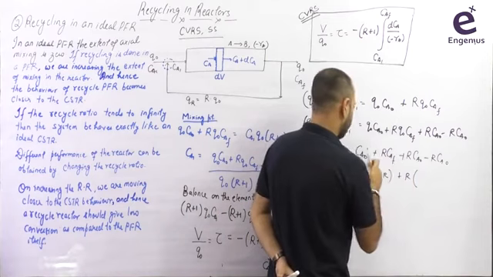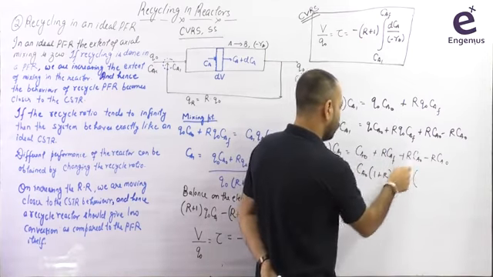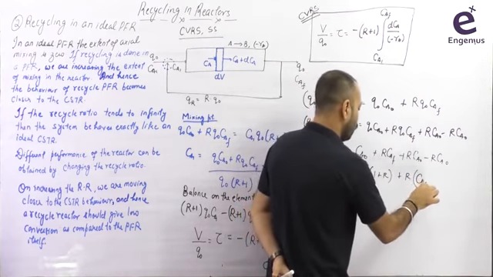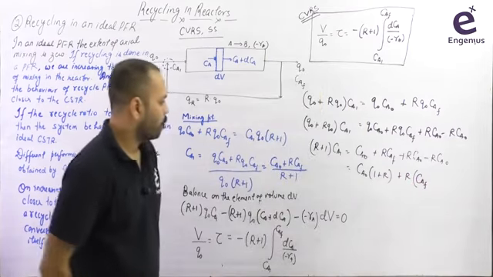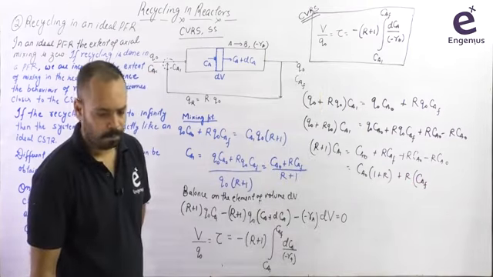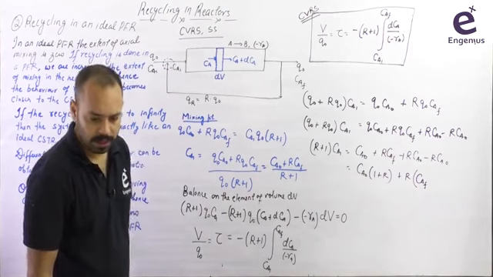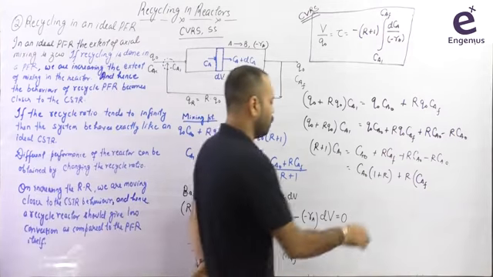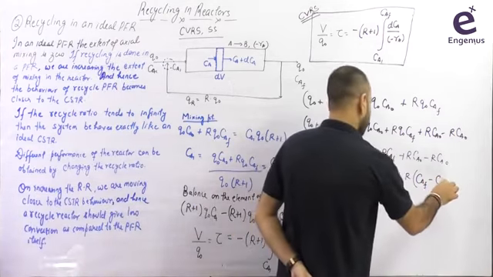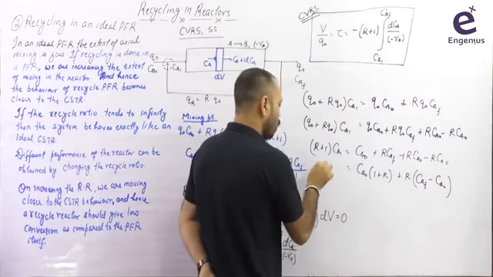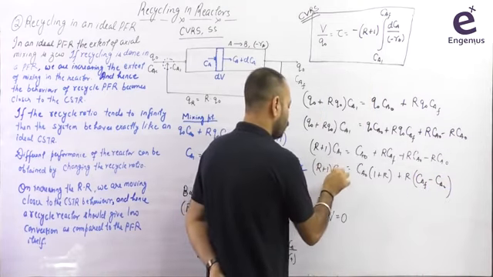So I have used this one and this one. I hope the idea is clear. R times CAF minus CA naught is equal to R plus 1 into CA1.